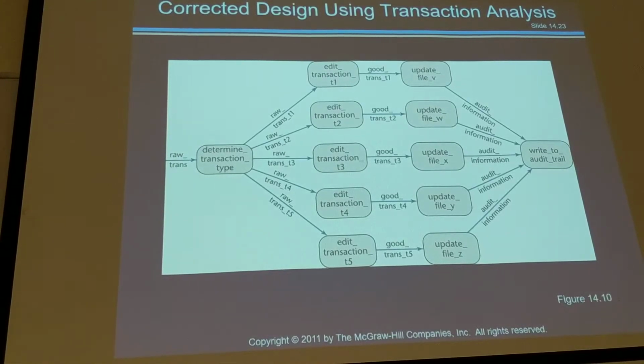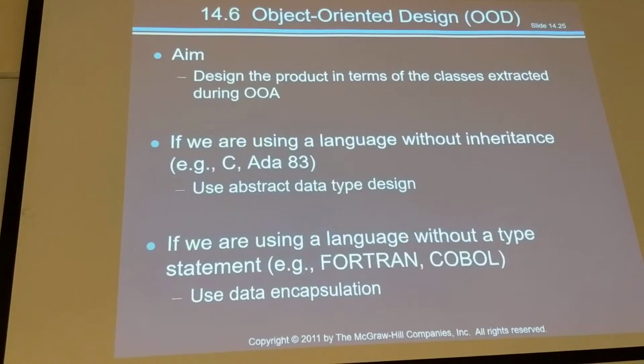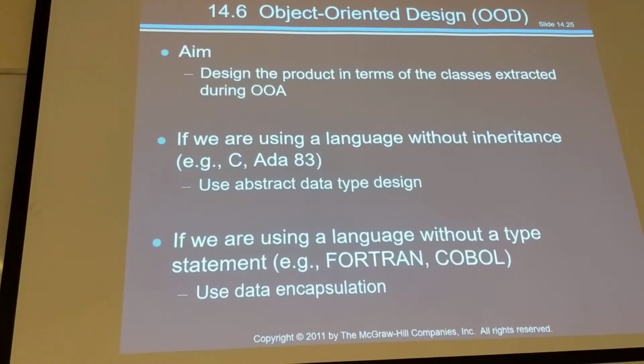But all these techniques we are looking at here, data flow analysis, are 60 years old. They're still here because it is the right way to do it. All right, data-oriented design, pretty much eventually we converge into object-oriented design, which is to say we'll put data and the operations on the data at the same place, which is actually pretty natural.